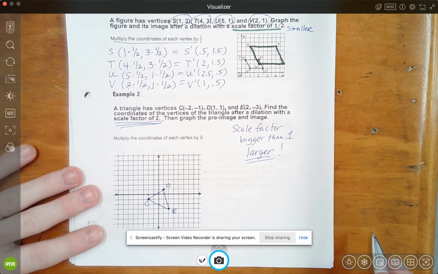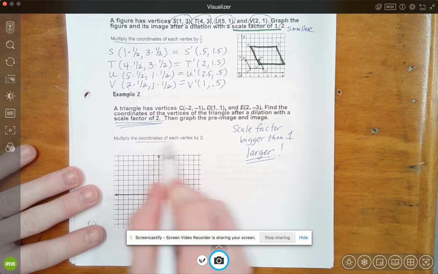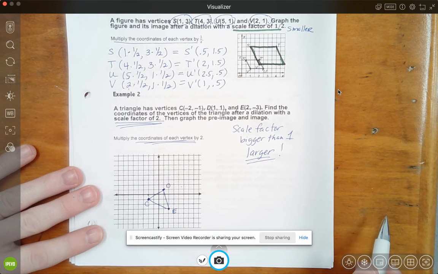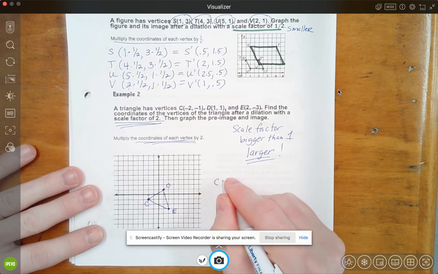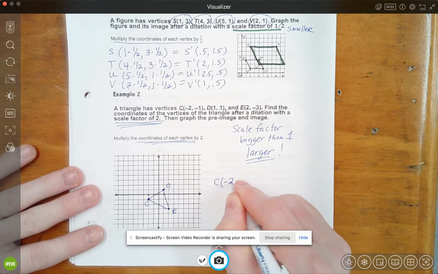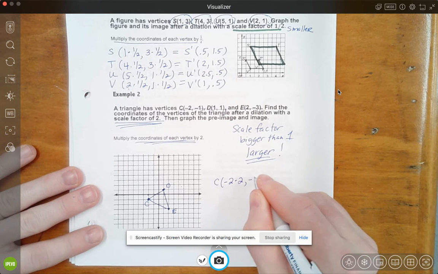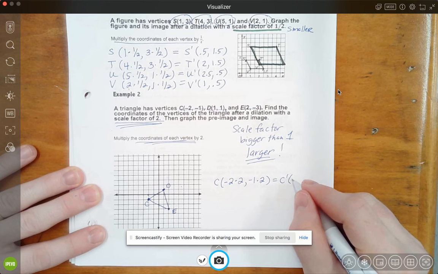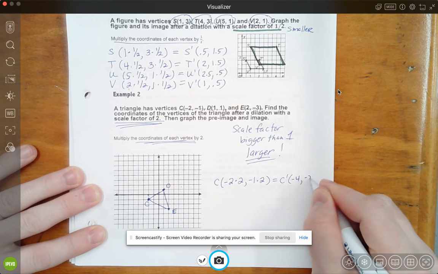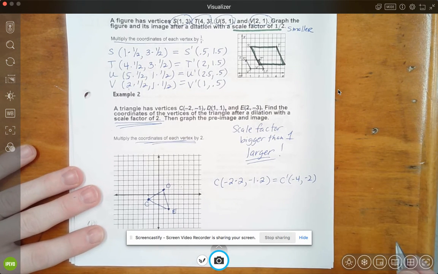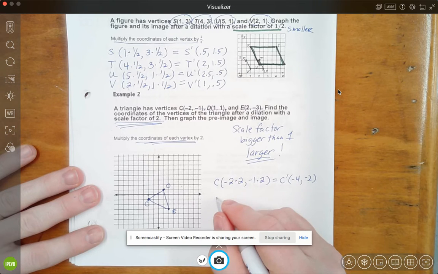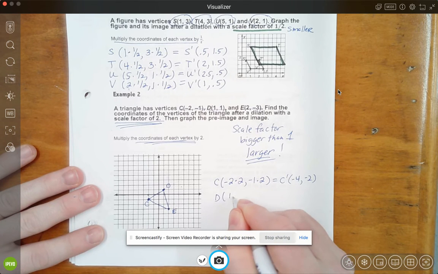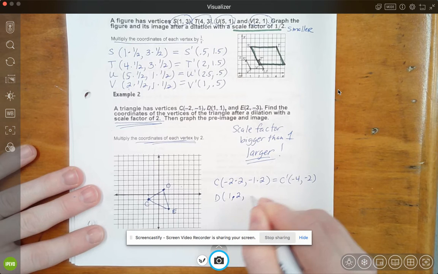Now I need to find my image. Okay. So it tells me right here to find my new points, I need to multiply each one by 2. So I'm going to take C's points, negative 2 times 2, and negative 1 times 2. It's going to tell me C prime. I'm going to take my D, 1 times 2, 1 times 2.